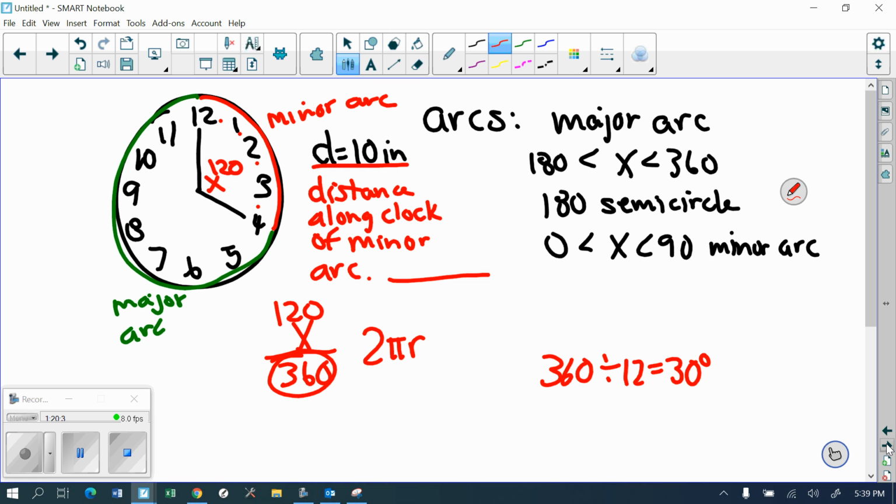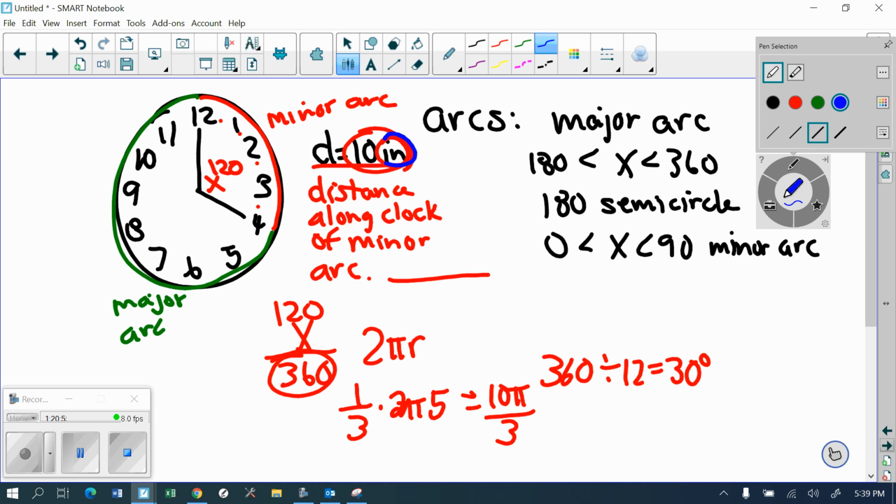So first off, 120 over 360 reduces down to 1/3, 2 pi, and they didn't tell me r, they told me d was 10, so r is 5. Okay, and therefore I get 10 pi over 3, and they tell me right here, let me circle that in blue, inches.